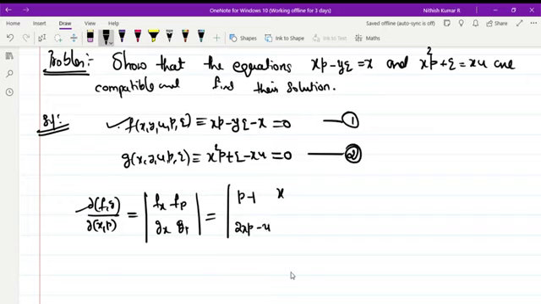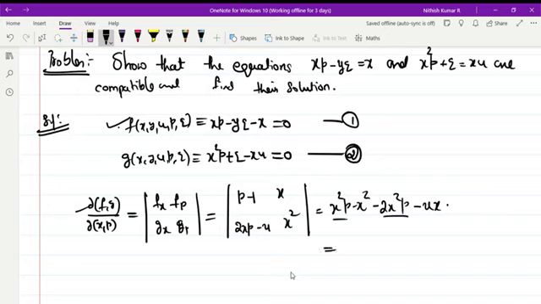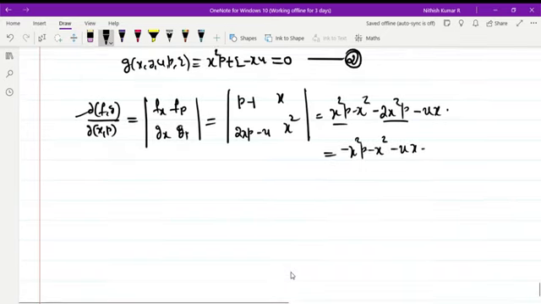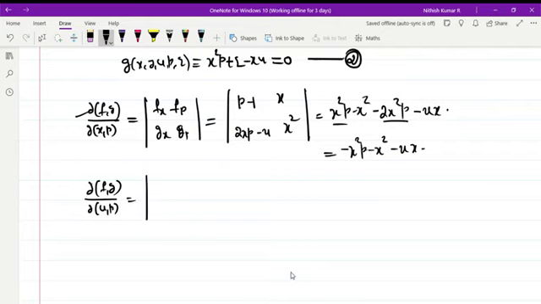So to that, let's find ∂(f,g)/∂(x,p). This is the determinant of fx, fp, gx, gp, which must be equal to 0. That is nothing but that Jacobian. Now fx, differentiation of f with respect to x, is p minus 1.